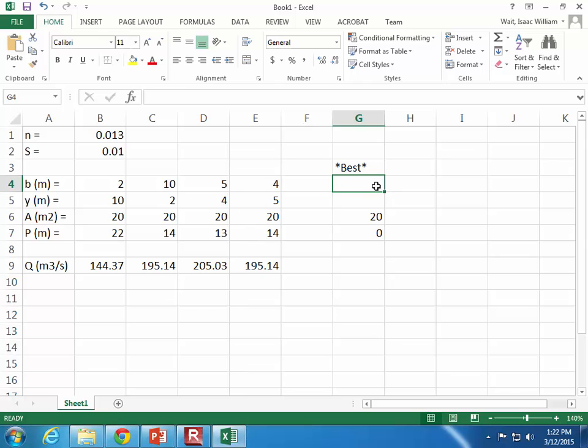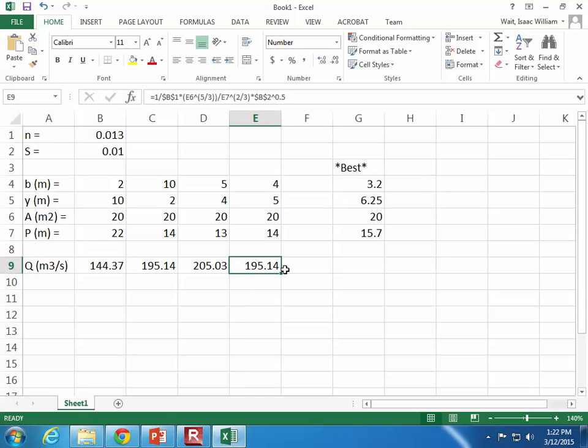And so we'll just say, what if the width is 3, then the depth has to be the area divided by 3, whatever's in that location. So now I'm going to play around with this channel width, 3.2 and so on.